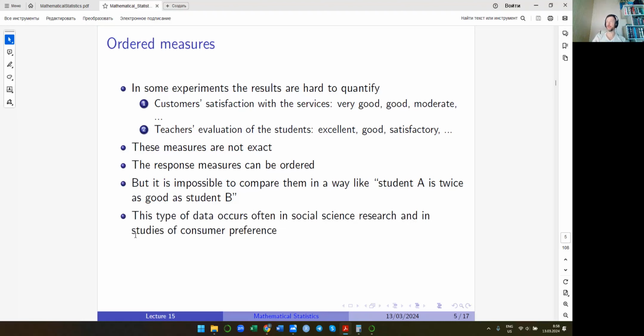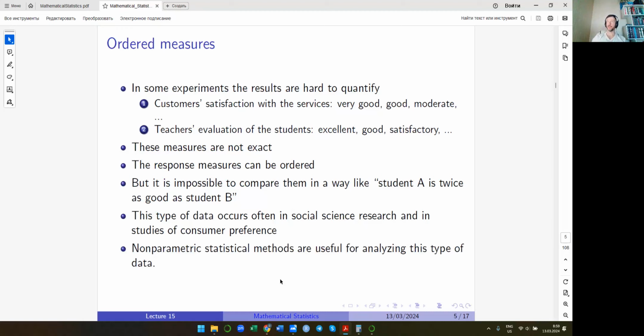And in social science and in the studies of consumer preferences, we often have such measures. When we ask people about their satisfaction, when we evaluate something, when we collect variables like the highest obtained level of education, like bachelor, master, doctoral, and so on. So in many cases we have such variables.